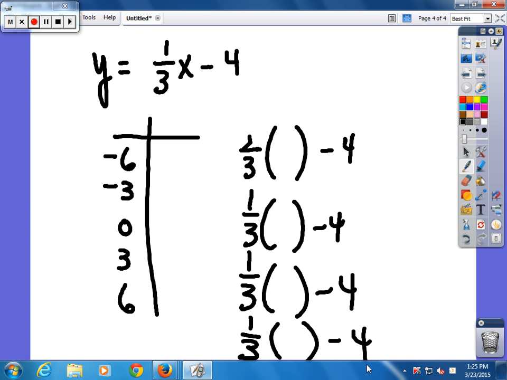And we'll do 0 in our head. So -6 over 1, -3 over 1, 3 over 1, 6 over 1. Now, this is 1/3.